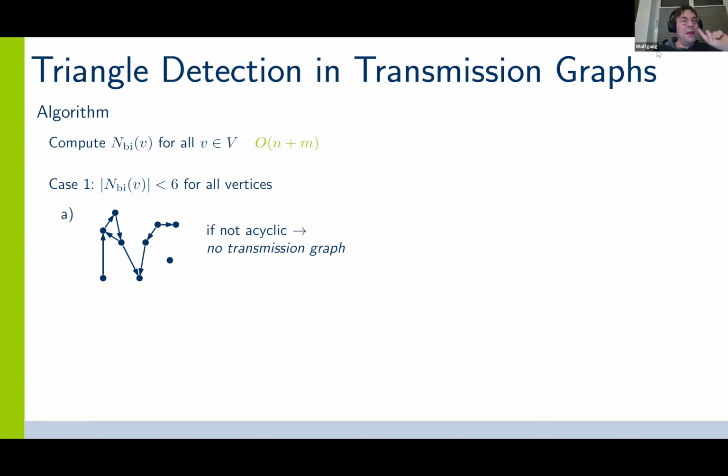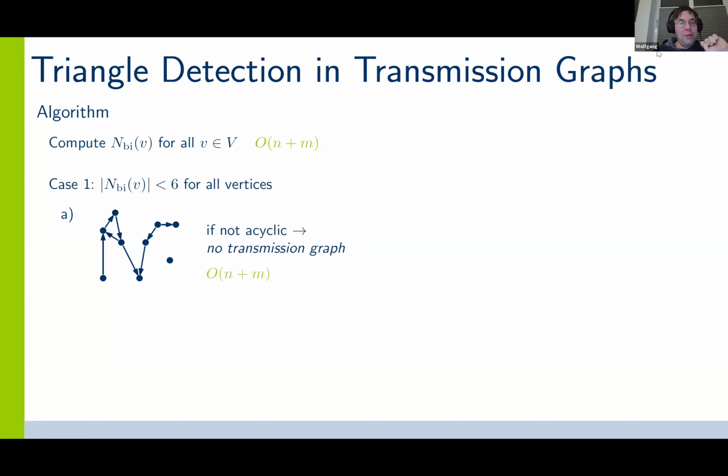And if the graph that we get is not a DAG, then the input graph is not a transmission graph, and we can just report that the input graph is not a transmission graph. So that's one way how we can detect our input graph is not a transmission graph. We remove all the bidirectional edges and see that the resulting graph is not acyclic.